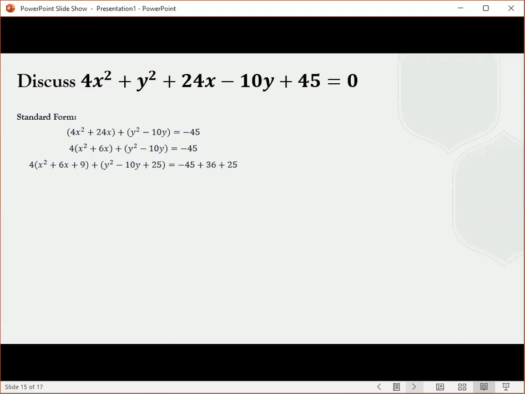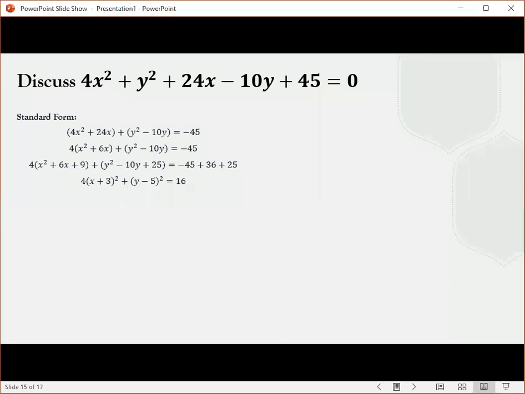This is equal to 45 plus 36 plus 25. So whatever is added on the left-hand side of the equation must be added also on the right-hand side of the equation. As you can see here, we added 9 multiplied by 4, so you get 36. On the y, we added 25, so there is also 25 on the right-hand side of the equation.